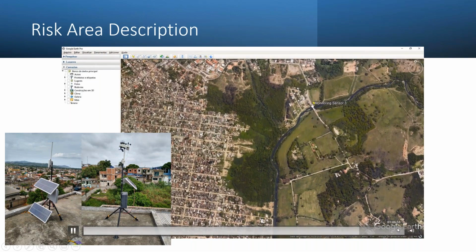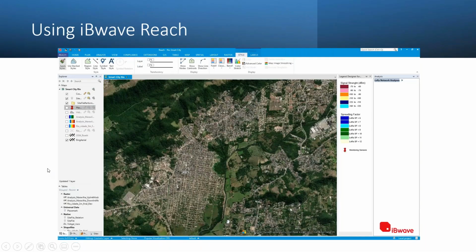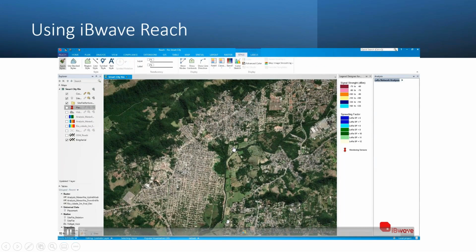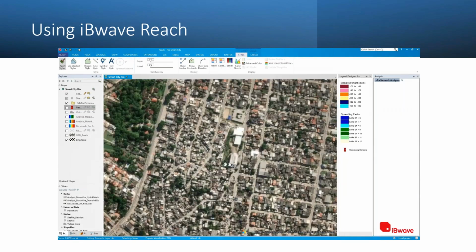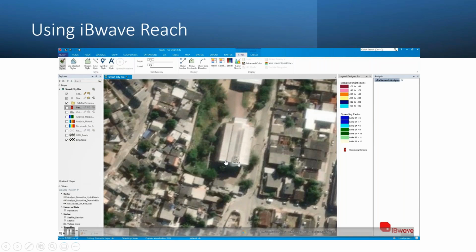Okay, next one. Let's see how all this was measured in IBWave Reach. This is the same area. We import the map from Google Earth Pro here, and as you see, we have all the same elements that we have in the map.